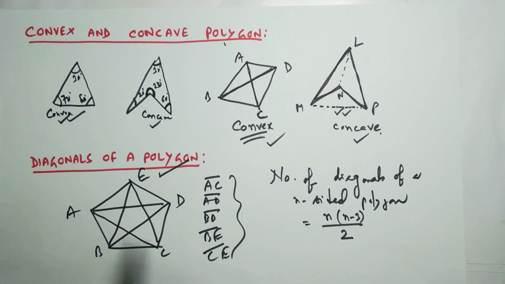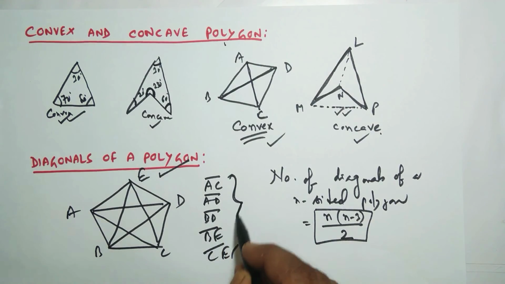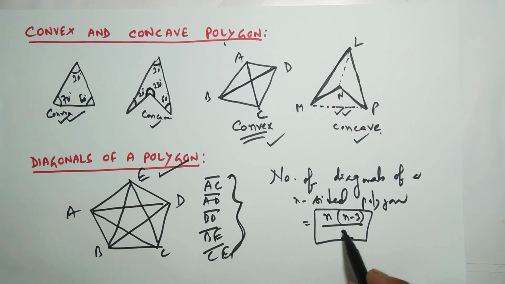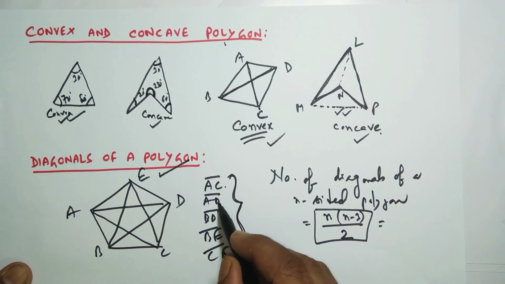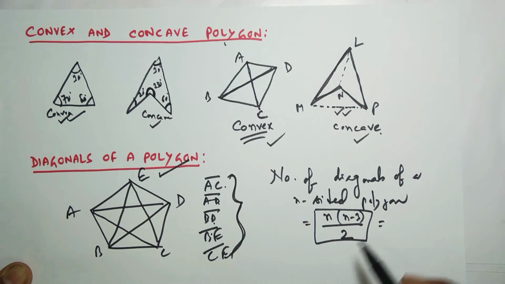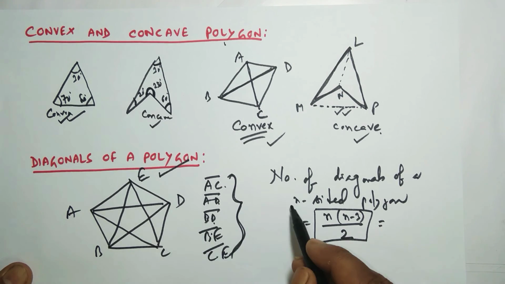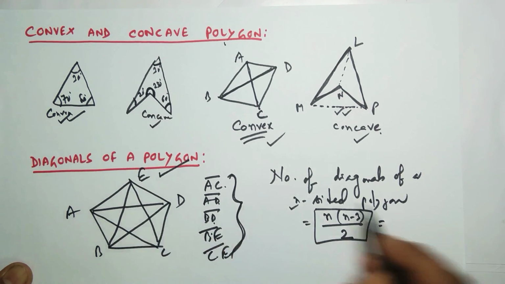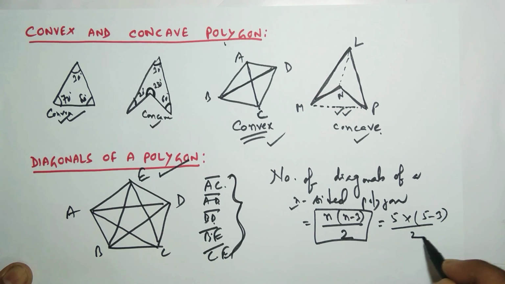Now let me check this formula for this pentagon, where I have already got 5 diagonals: 1, 2, 3, 4, 5. See if the formula gives the same. n is the number of sides. This is a pentagon, 5 sides. So 5 into n minus 3, with n as 5, 5 minus 3, divided by 2.